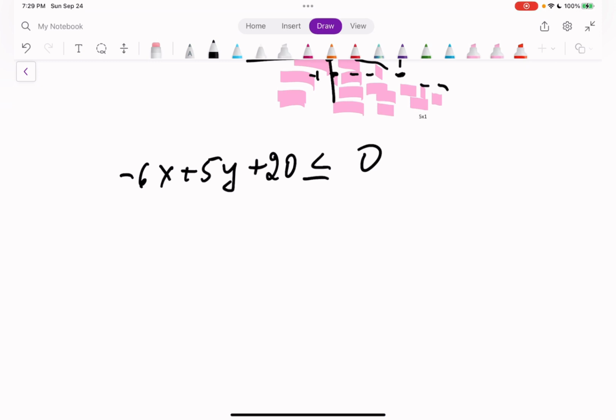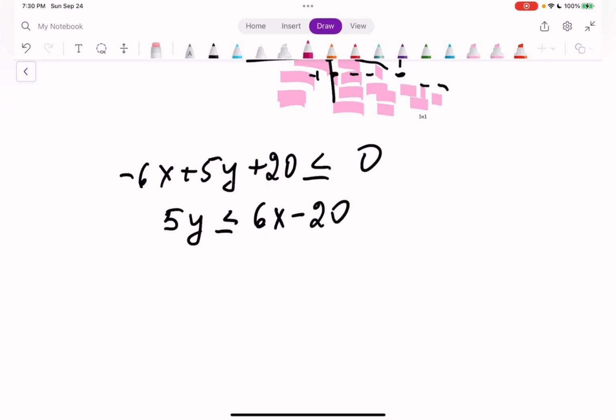Okay, let's solve it. So how am I going to solve this type of problem? Say I have 6, 5, 20. 20 is divisible by 5, but 20 is not divisible by 6. So I'm going to choose the method of slope and intercept. So I need to find y from here. Let's see, I'm getting 5y is less equal positive 6x and minus 20, right?